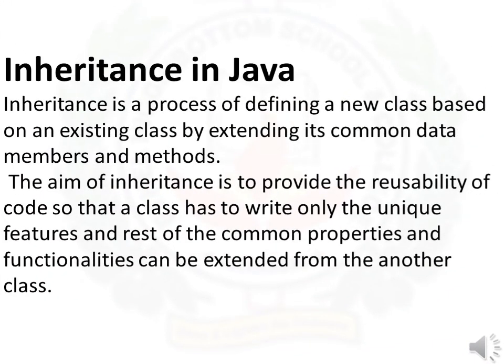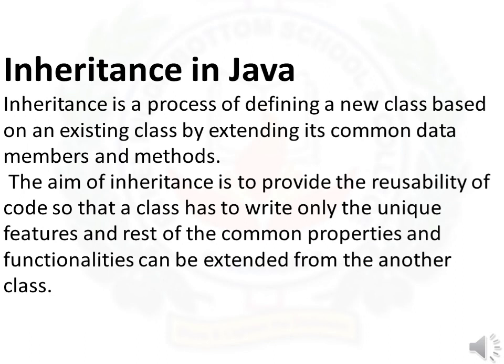Next basic element is inheritance. First of all, we are going to see what inheritance is. Inheritance is the process of defining a new class based on an existing class by extending its common data members and methods.